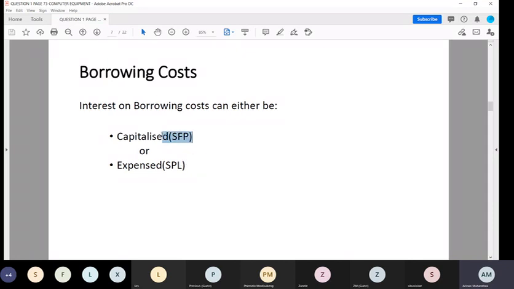With capitalization on the statement of financial position, we're talking about an asset that they were constructing. Normally, when you borrow money, you borrow it for construction, for bigger projects. For example, when you're building a mall, you will need money. If you borrow money specifically for the project, then you can capitalize the interest or expense it. We'll see it clearly when we go to the examples, which will be the next slides.